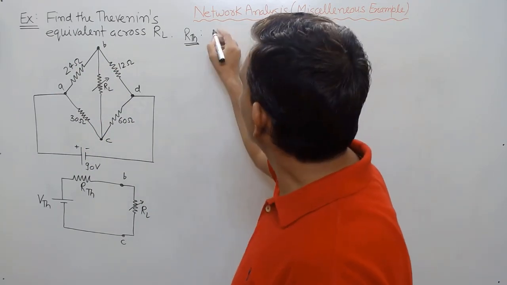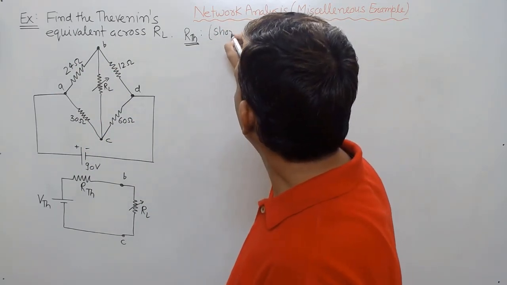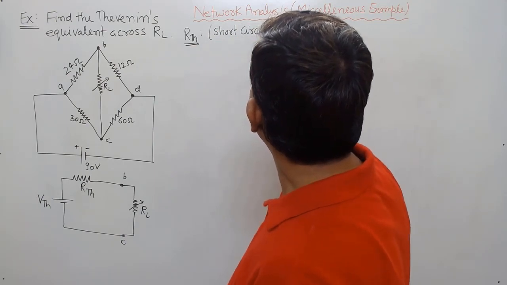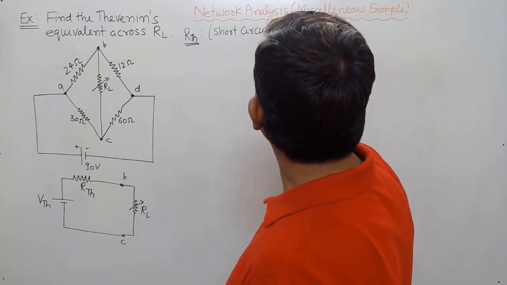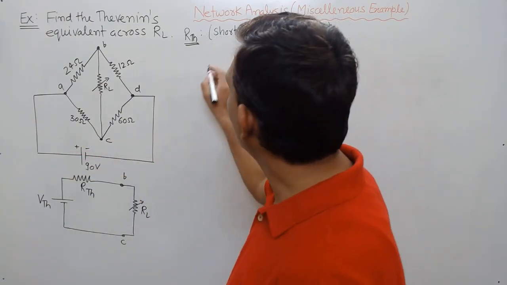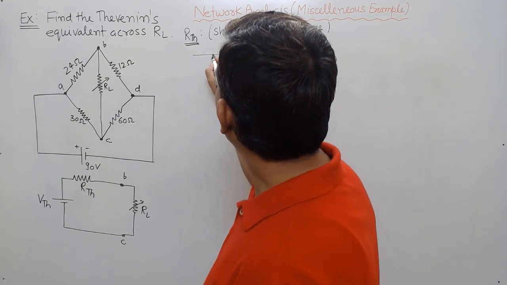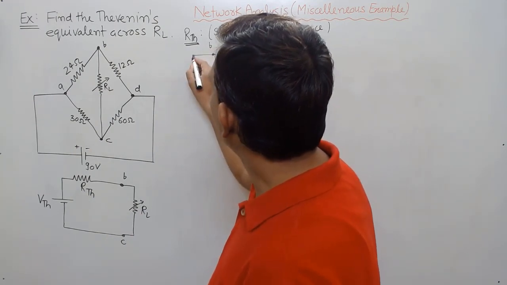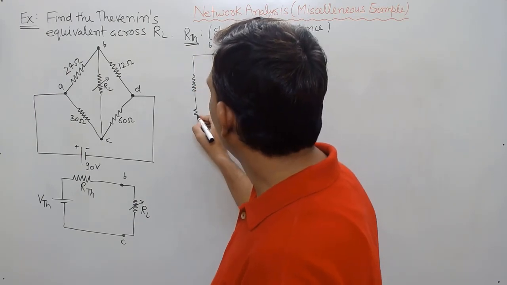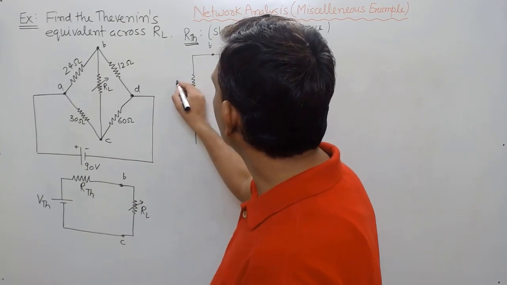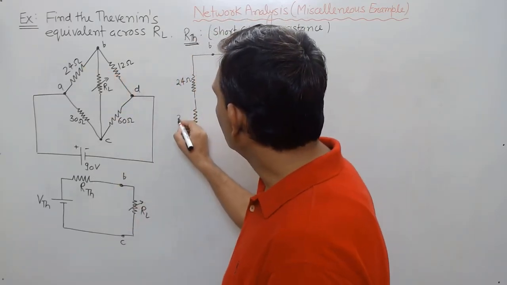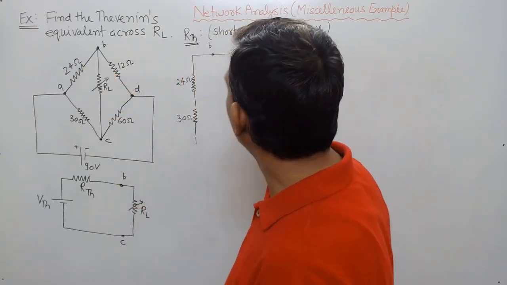So draw the equivalent circuit. This point is B. So this will be 24 ohm. This will be 30 ohm. This is 24 ohm. This will be 30 ohm.